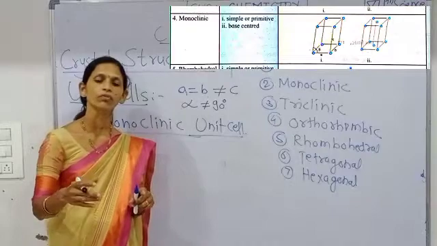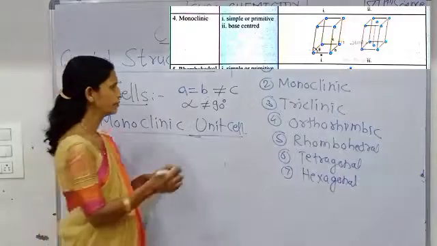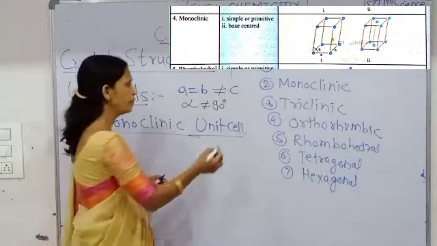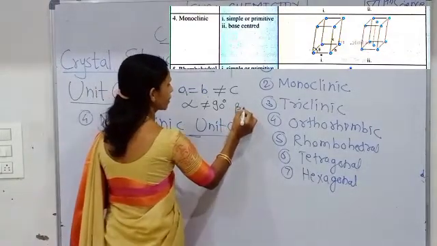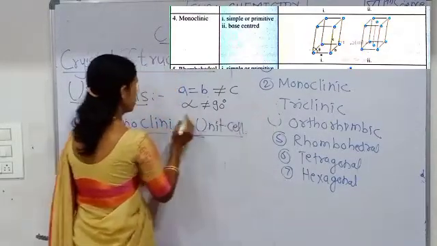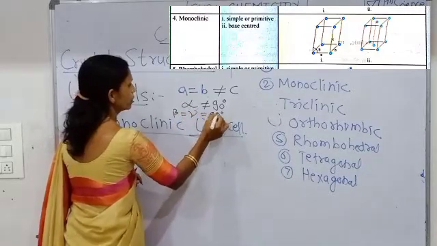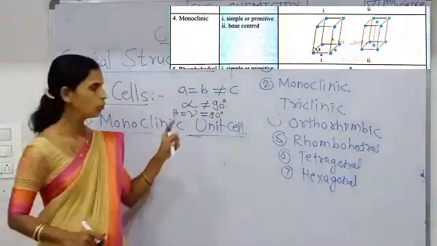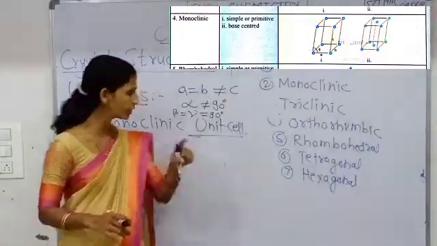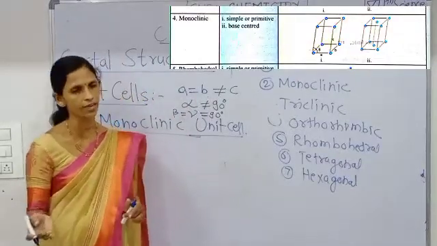That means it is of different measurement than 90 degrees. It may be less than 90 degrees or it may be greater than 90 degrees. But see here, beta and gamma angles are equal, both are equal and it is 90 degrees. But alpha angle is not 90 degrees, it may be less than 90 degrees or greater than 90 degrees.